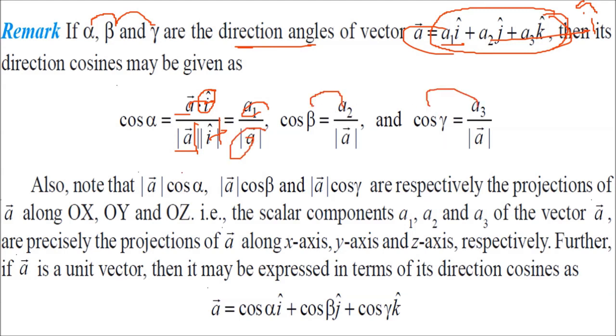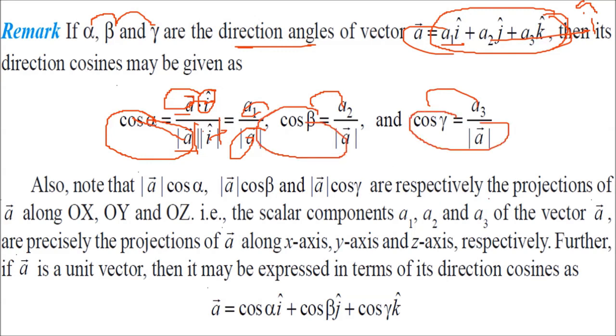And we just have to note that these are simply A cos alpha, A cos beta, and A cos gamma. These are respectively the projections of A along the three axes, OX, OY, and OZ.